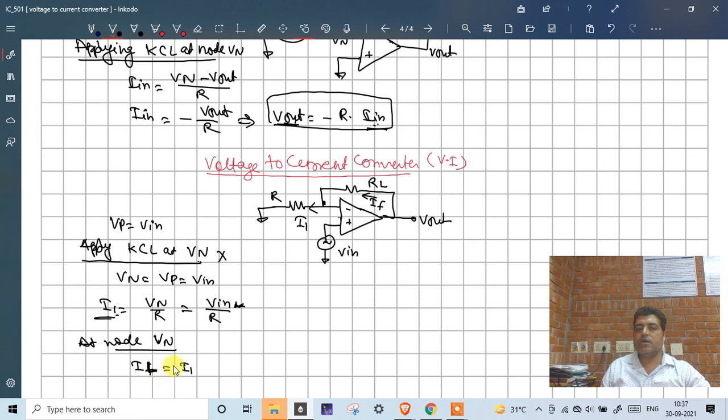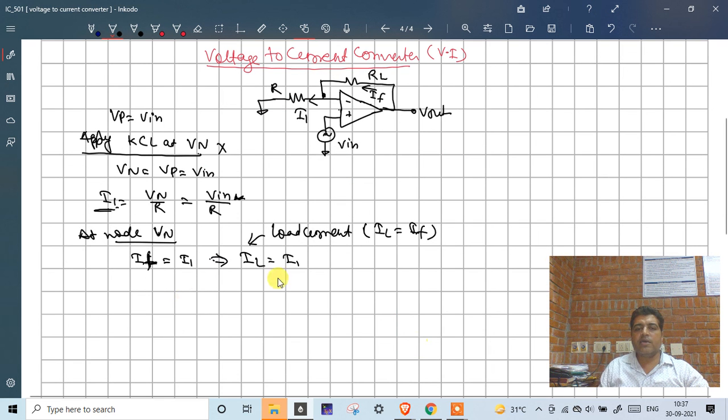So first we write IF equal to I1, and then subsequently I can write IL equal to I1, because IL is the load current, and this current is equal to feedback current. So IL equal to I1, and this is equal to V in upon R.